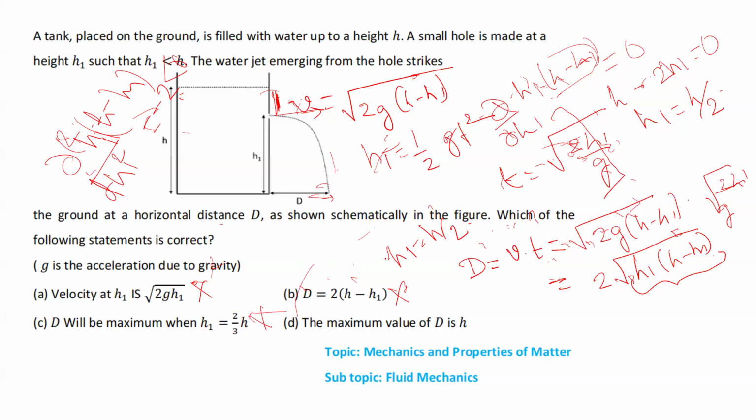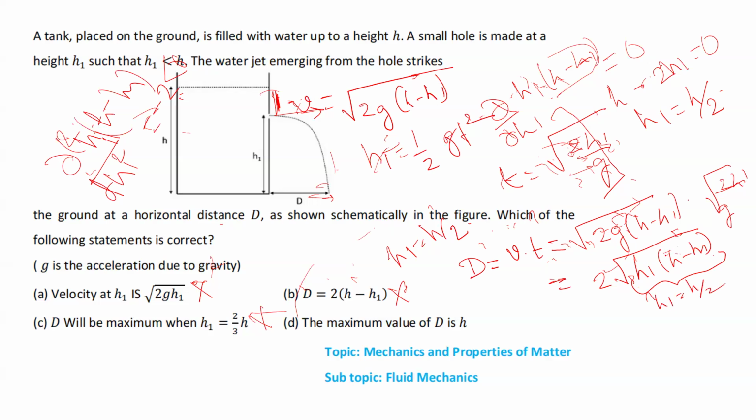D, the maximum value of d is h. Here we have already calculated the value of d. So we put h1 equal to h by 2, right?